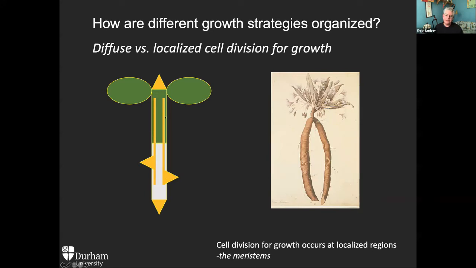And then there's a cylinder of cells through the body of the plant called the cambium, which gives rise to radial thickening. But these are the main areas of cell division. And growth is a combination of the activity of this very localized cell division followed by expansion of cells away from that site of cell division.